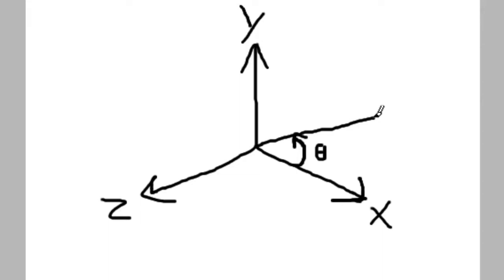This gives us the base for our spherical coordinate vector. From this you can see how when we increment this polar angle, it's going to rotate our sphere around the y-axis. It doesn't matter what the y value is.